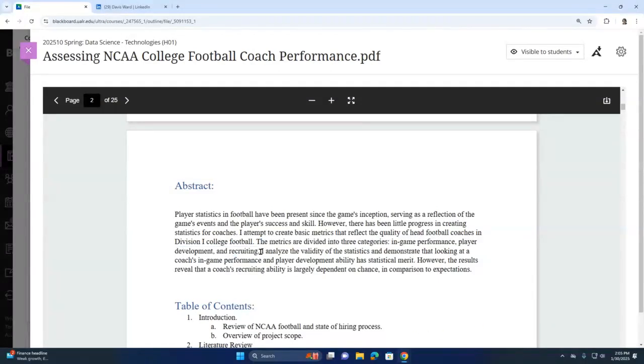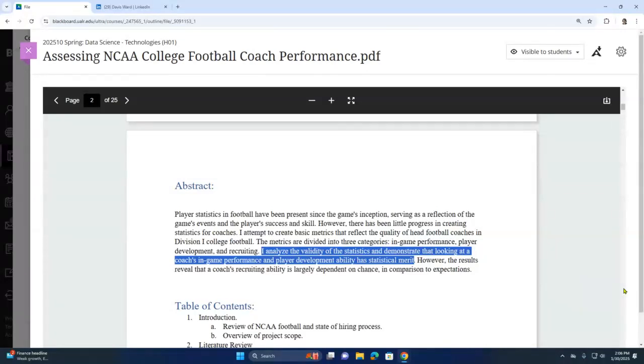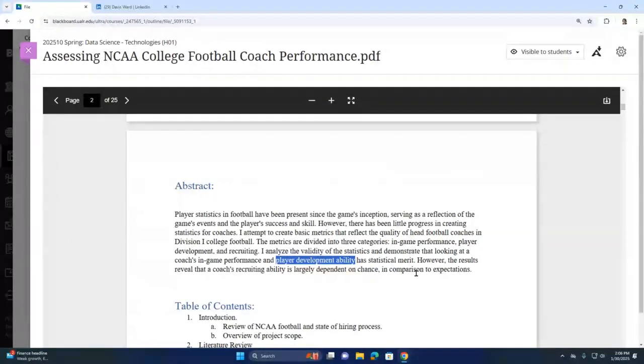And so basically, this project is all about his journey in developing these metrics, testing and evaluating them, and analyzing their validity. One of the things he found is that coaches' game performance and player development seem to be what he called sticky, meaning if a coach has good game performance in their past history, and good player development in their past history, those coaches seem to continue that in the future.